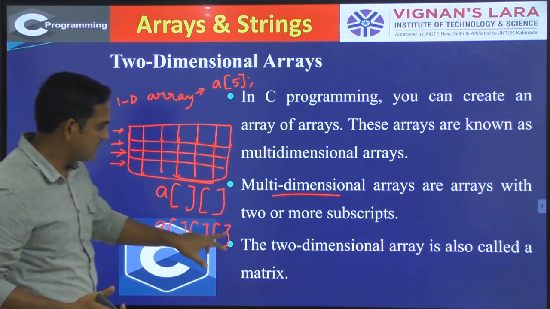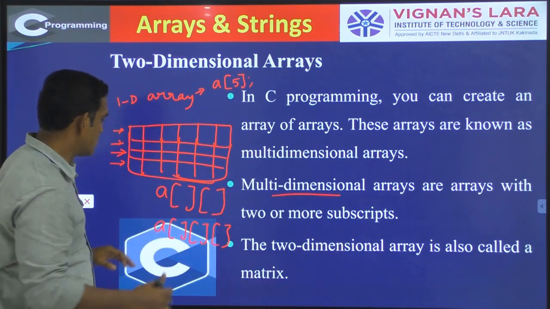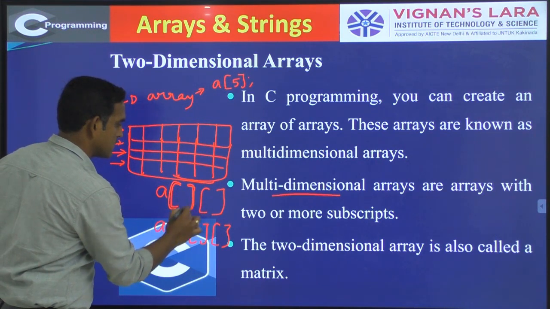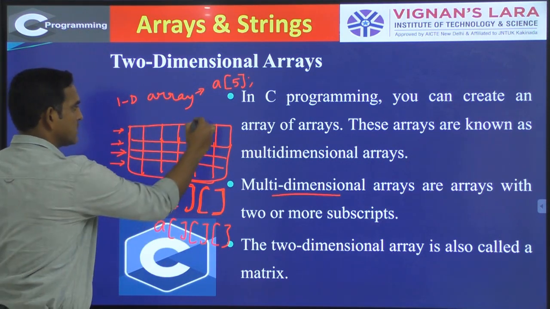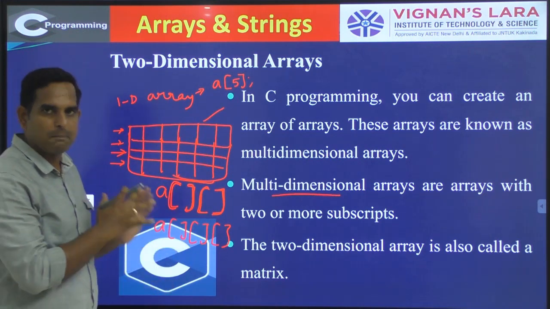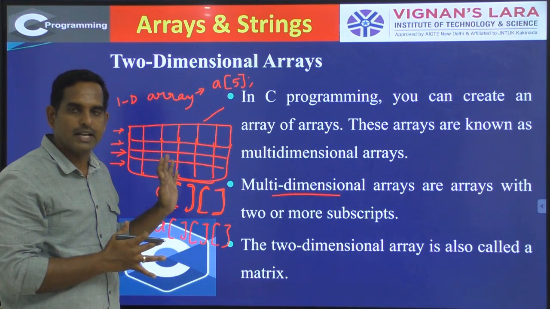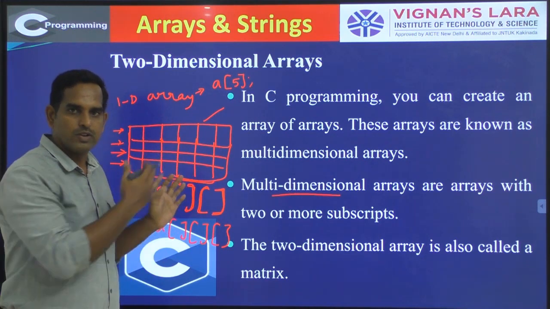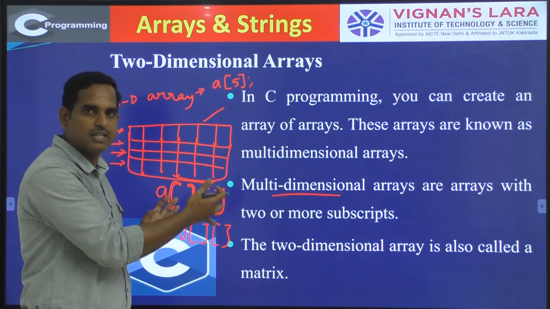A two-dimensional array is also called a matrix. So, when you are using a two-dimensional array, this is one type where we call it a matrix. A matrix will be represented as a two-dimensional array in your programming. I think you already know how you represent a matrix in general mathematical terms.